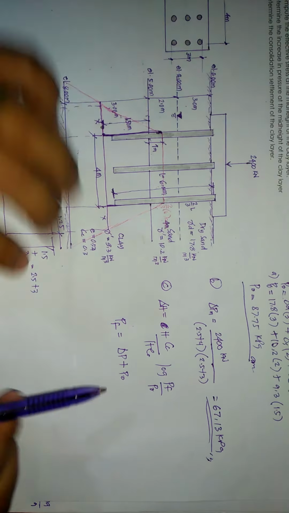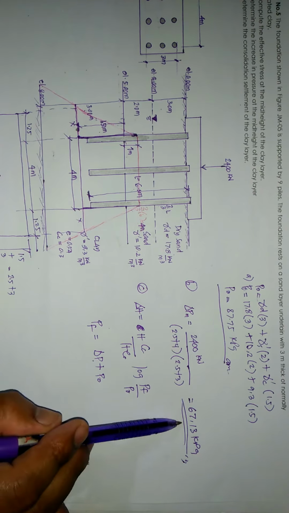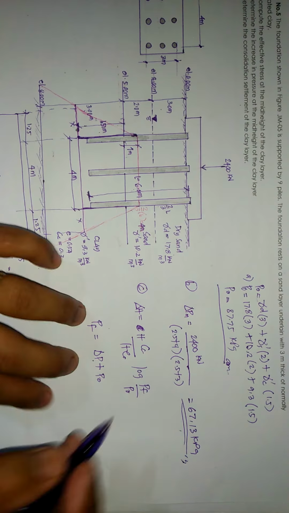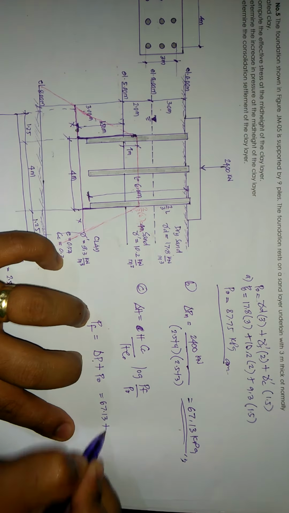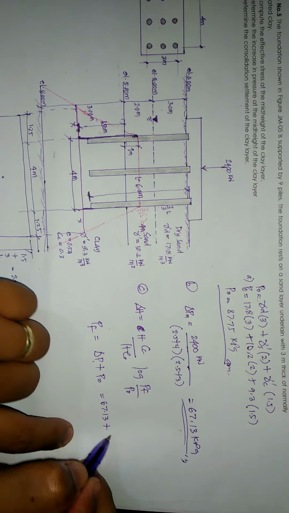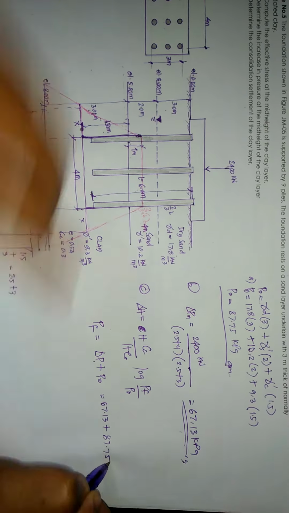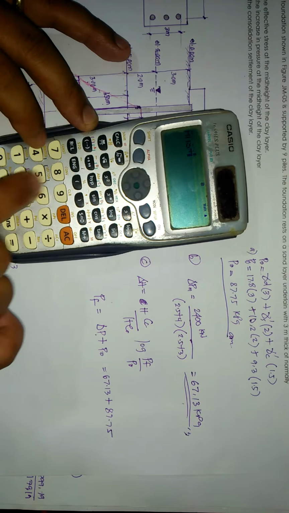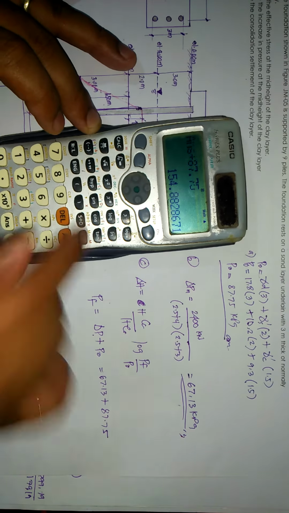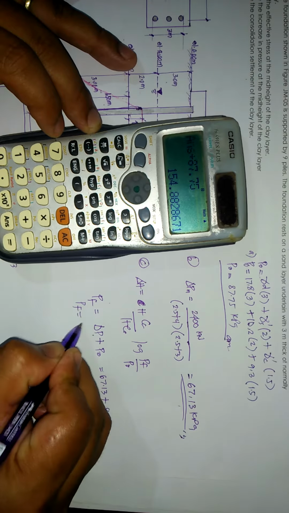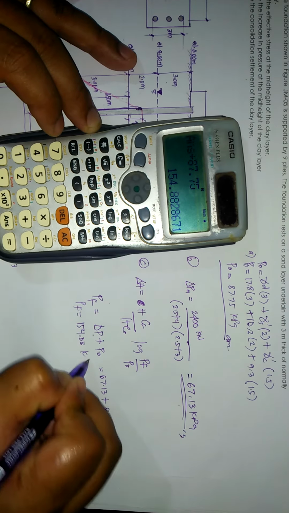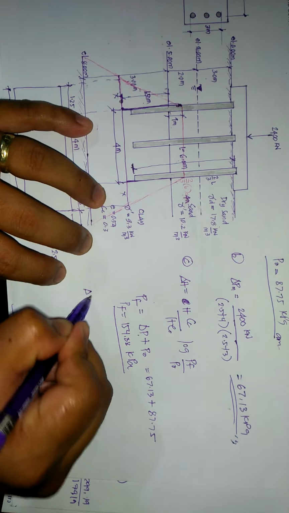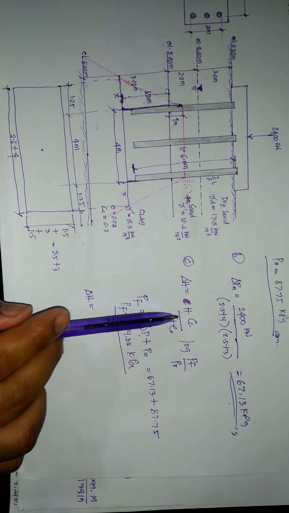That is why, ang gagamitin natin dito, change in pressure would be yung mid-height. Increase in pressure is equal to 67.13. So, 67.13 plus PO, 87.75. So, PF natin is equal to 154.88 kilopascal. And then from there, substitute all the values.